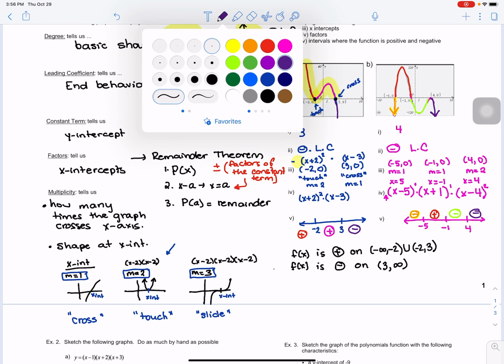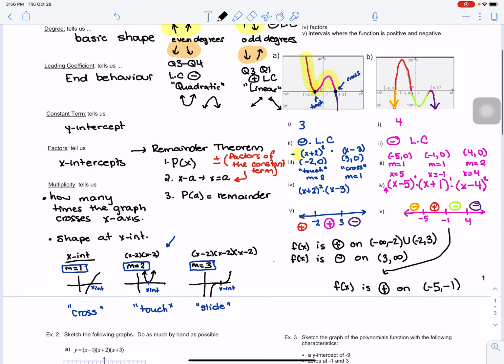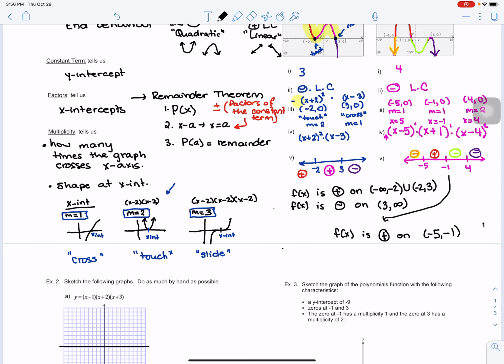So now to write a summary of what we just said, f of x is positive on -5 to -1. We will never include the endpoints because at the endpoints are the x-intercepts, and at the x-intercepts, my y is exactly 0, not positive or negative.